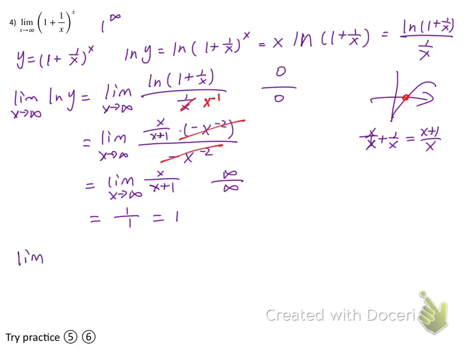So the limit as x approaches infinity of y will be e to the ln y limit, which is e to the first power, or e. And what I'm trying to show you here is not only that this 1 to infinity power has a limit, but also that the limit is e.